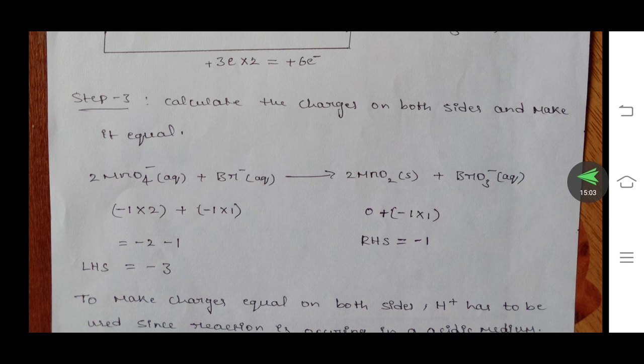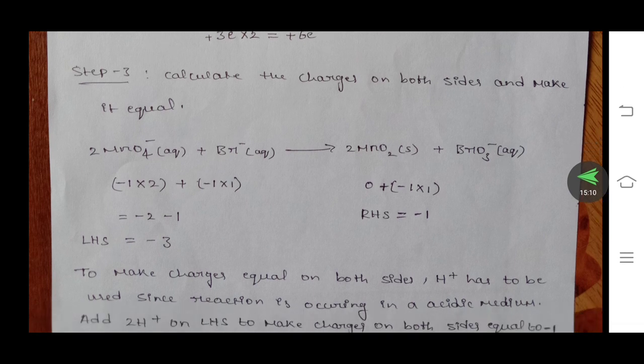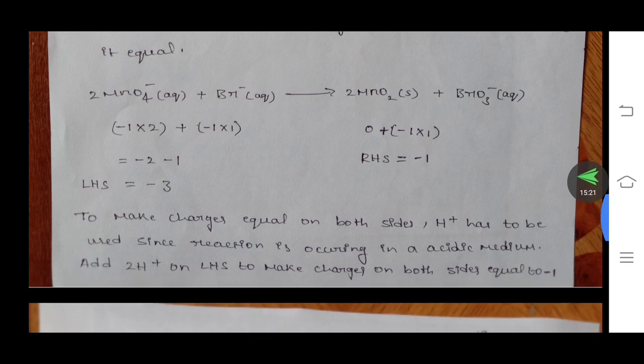Step 3: calculate the charges on both sides and make them equal. 2MnO4 minus plus Br minus gives 2MnO2 plus BrO3 minus. Now, how many charges are present? Minus 1, so minus charge is present. That is minus 1 into 2 plus minus 1 into 1, which is minus 2 plus minus 1, equal to minus 3.